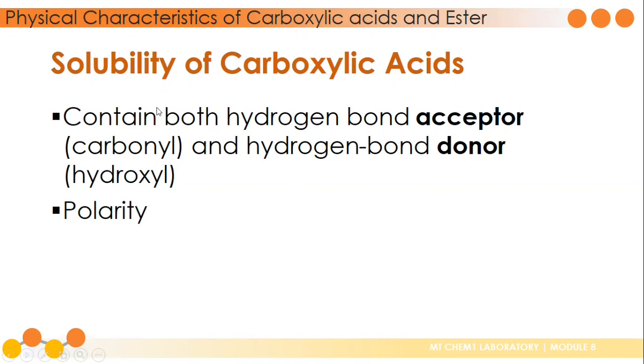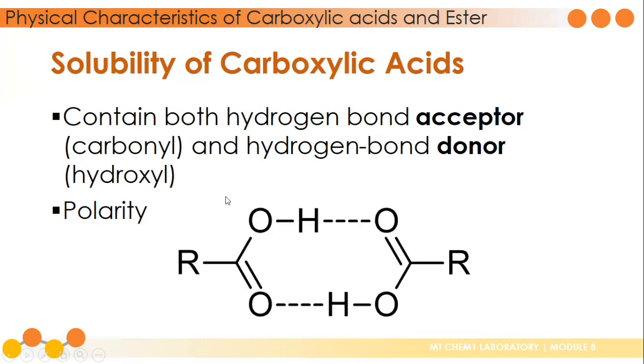You still remember one of the notable characteristics of carboxylic acid is that it is the most polar organic compound. That is because of its functional groups, carbonyl and hydroxyl, which combined together form the carboxyl group. As you can see, we have here our hydrogen donor and our hydrogen acceptor.